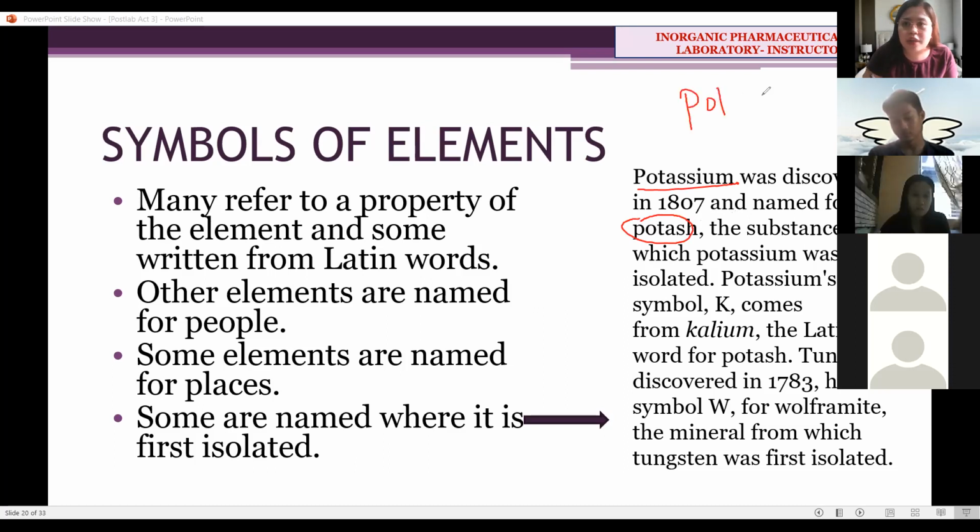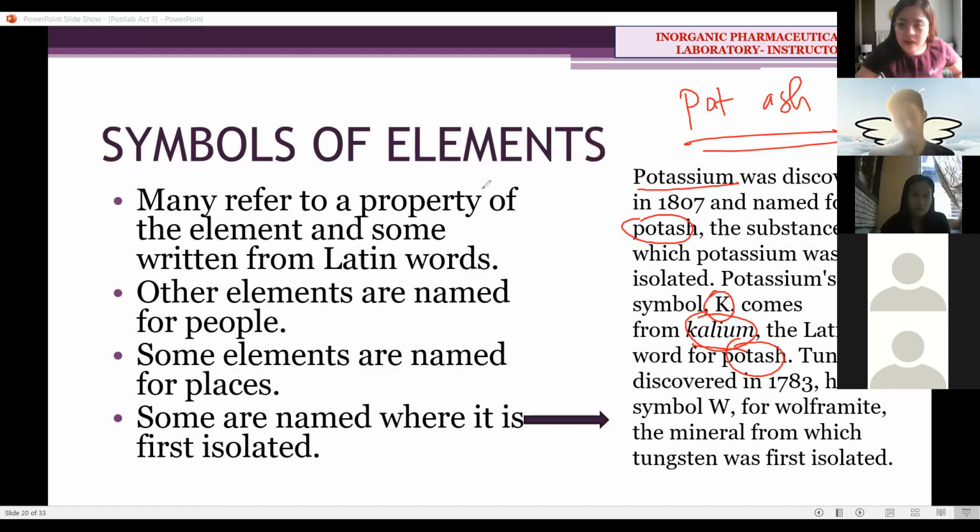Dira na siya nakitaan na una na isolate si potassium. Thus, potassium na iyahang pangalan pero ang iyahang symbol kay K. Anong K man? Kasi it comes from the Latin word kalium pero ang kalium ang meaning ana potash gihapon. So, that is the reason why potassium tapos K iyahang symbol.